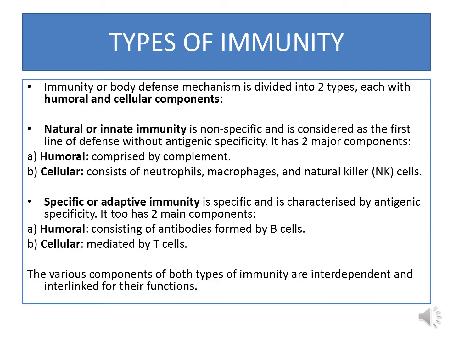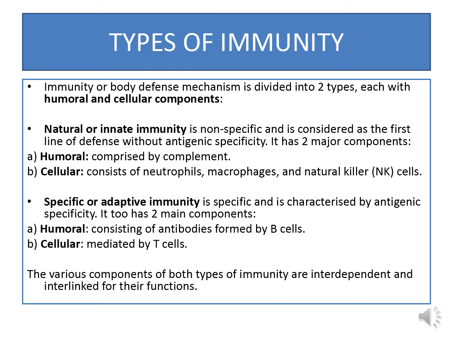Various types of immunity, or body defense mechanisms, are divided into two types: humoral and cellular components. Natural or innate immunity has two major components: humoral, comprised of complement, and cellular, consisting of neutrophils, macrophages, and NK cells.